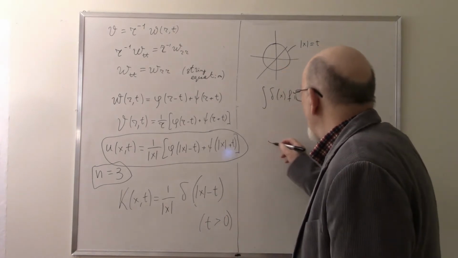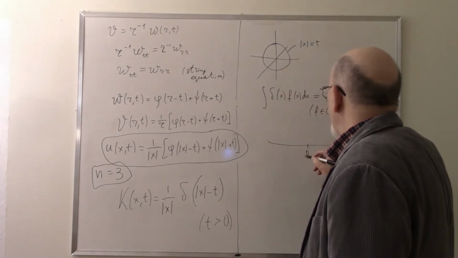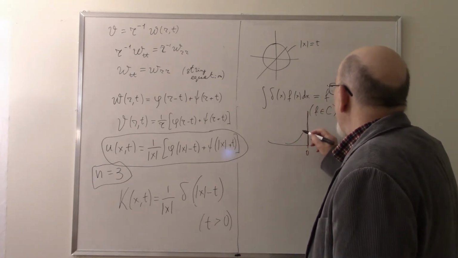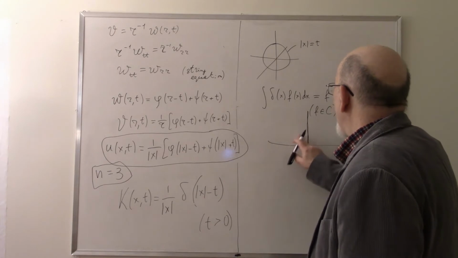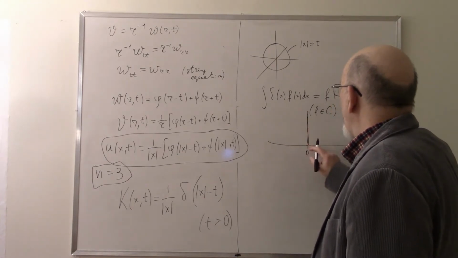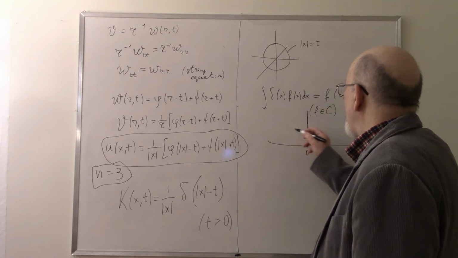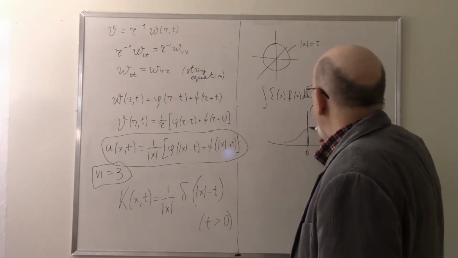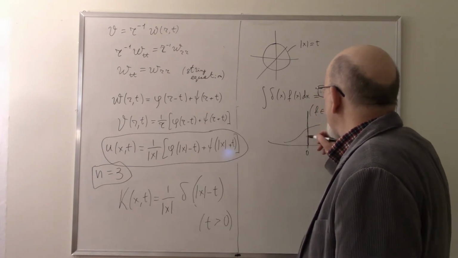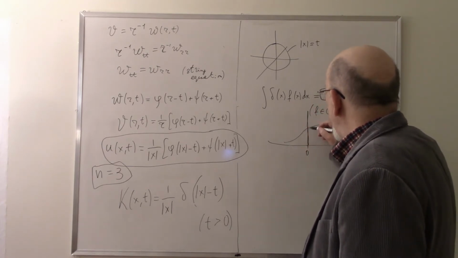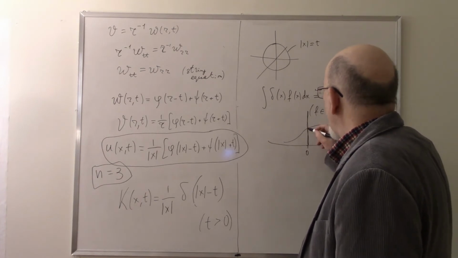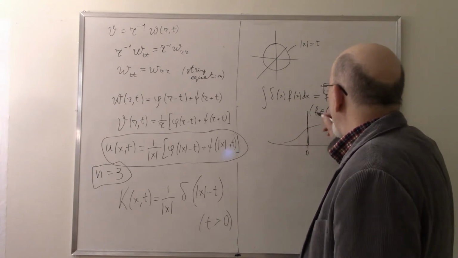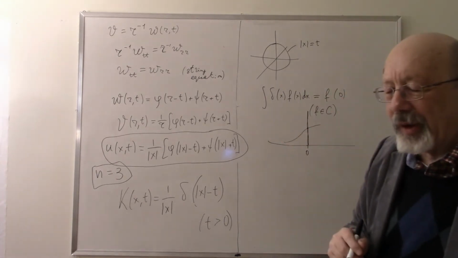So the delta function on the line is concentrated here. If you take the integral of the delta function, it is 1. If you multiply it by a constant, it is this constant. But if you multiply it by some continuous function f of x, it will be just f of 0, because the delta function at this point is multiplied by the value of the function f at the point 0.